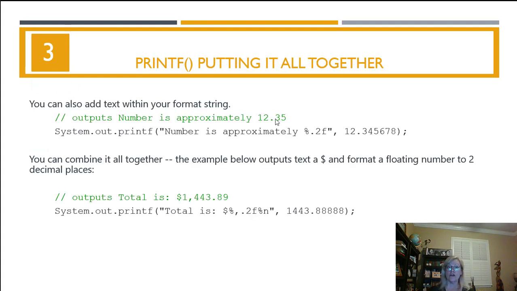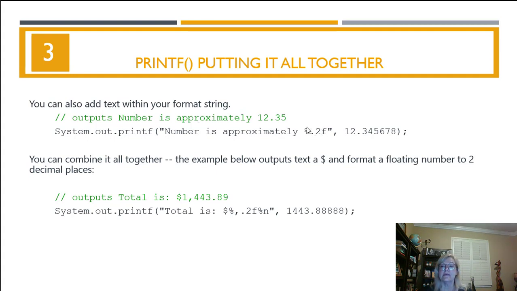You can also put text inside your formatting string. It doesn't have to be just format characters. In this case, I want to output a label. Remember when your algebra teacher always said, put a label on your answer. So here we are going to put a label on our output. This is going to output literally "number is approximately %.2f".